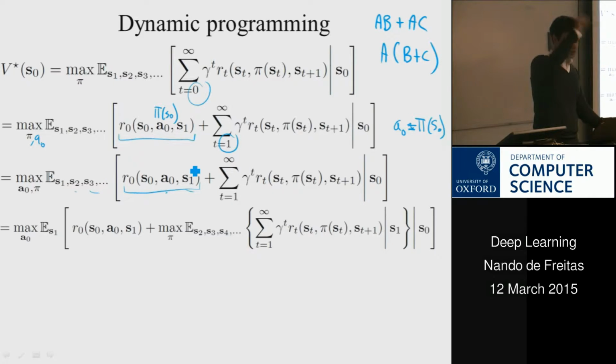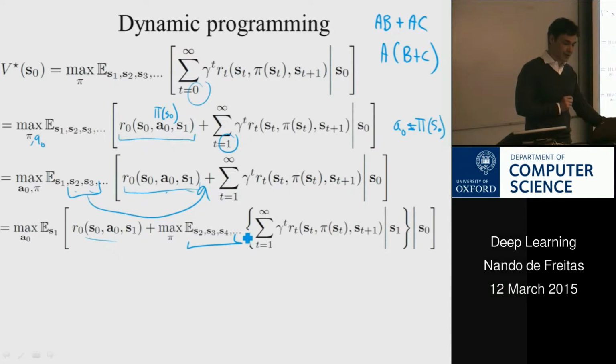The expectation being just an integral, and if the integral doesn't depend on what you're integrating over, you can take it out of the integral. So basically, this expectation will move inside, and that's why I have it here. Likewise, there's no pi now appearing here, because I've made it explicit in terms of A naught, so I can move pi inside.